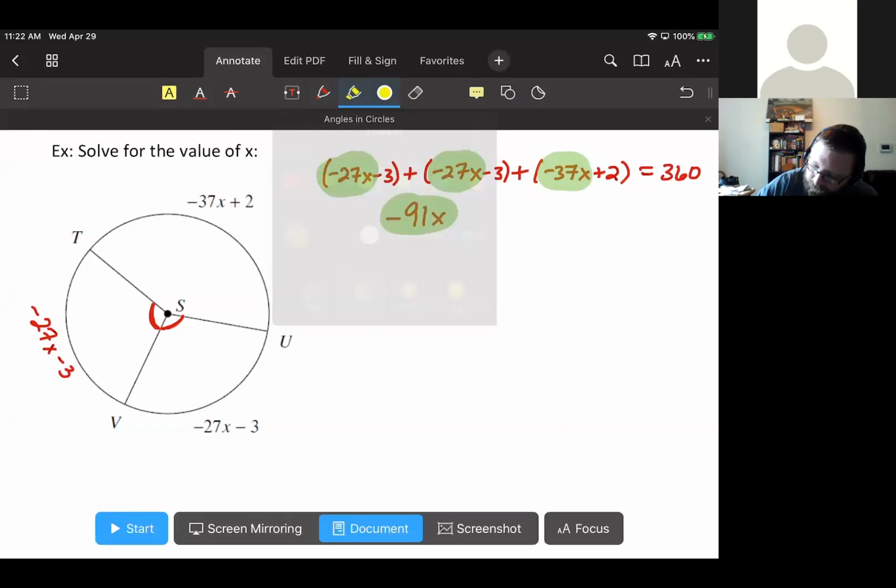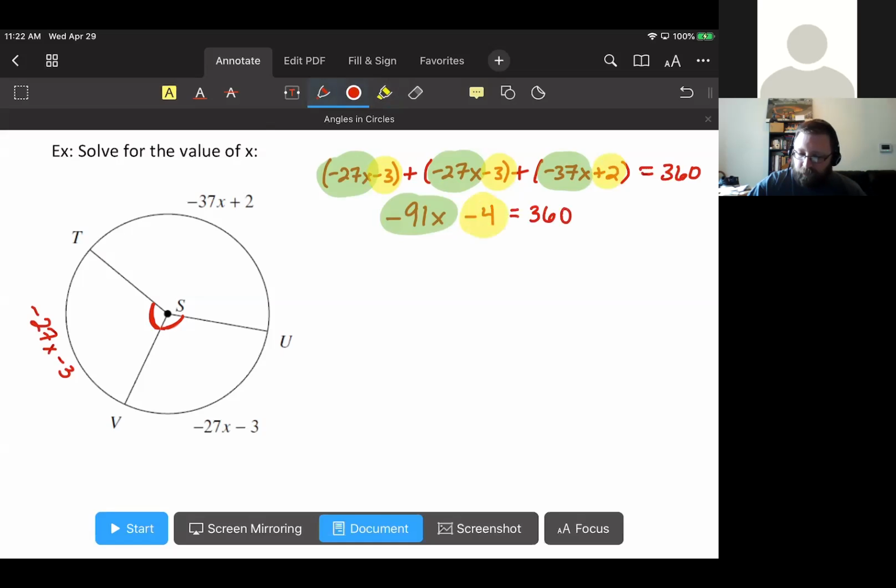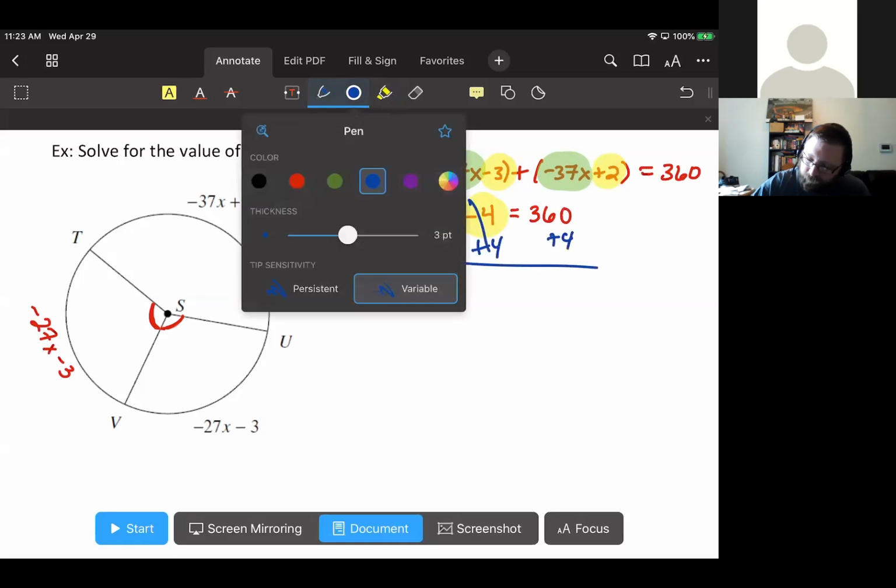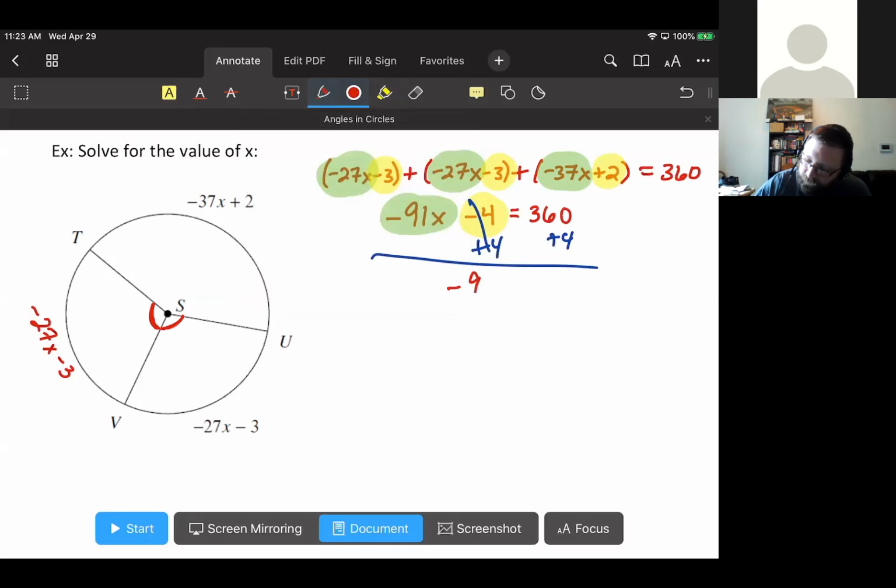And we're going to add our numbers together. Negative 3, positive 2, would be a total of negative 4. Now it is a two-step equation, so we're going to add 4 to each side, which gives us negative 91x equals 364.